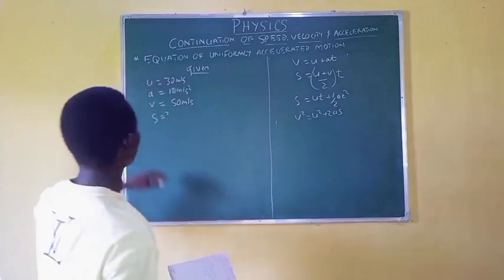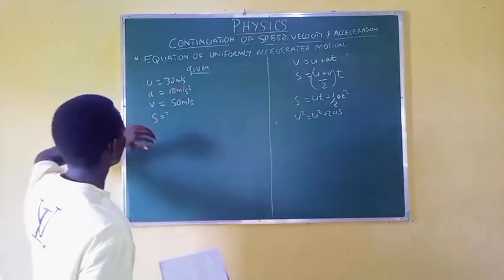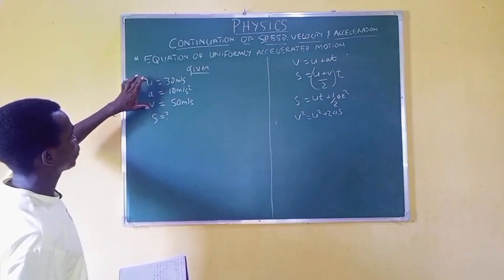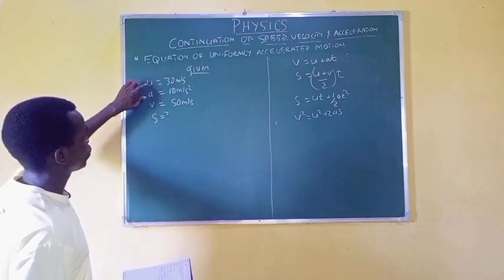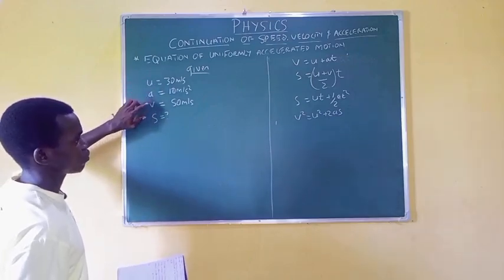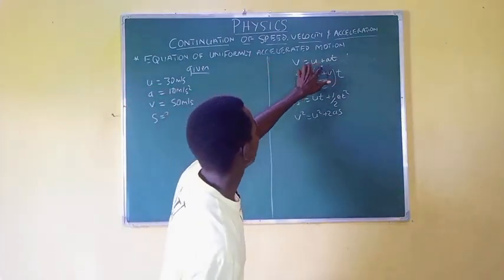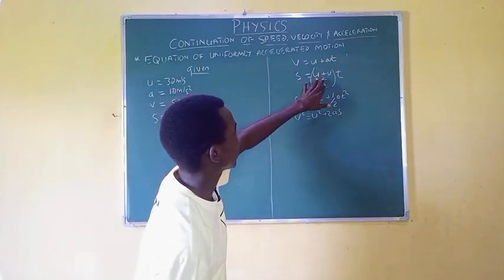If you look at these parameters now and compare them with the four equations, we have three parameters to find the fourth one. We have initial velocity, acceleration, and final velocity. When you compare, here there is no distance, so you cannot use that equation. If you look at this, there is no acceleration.